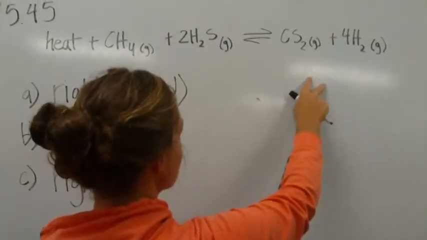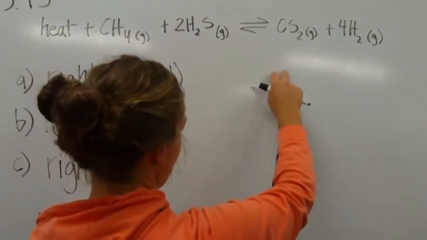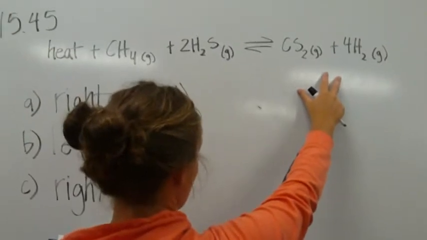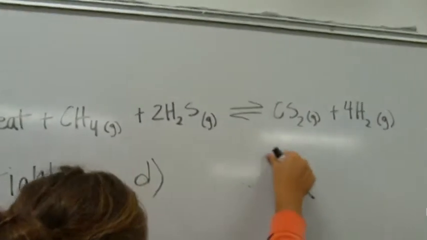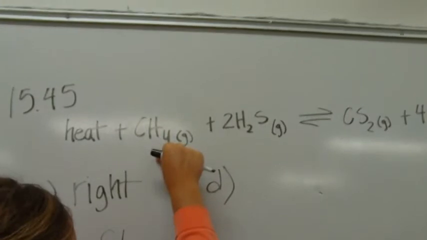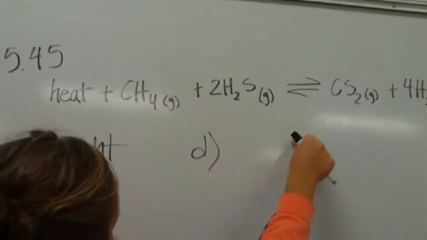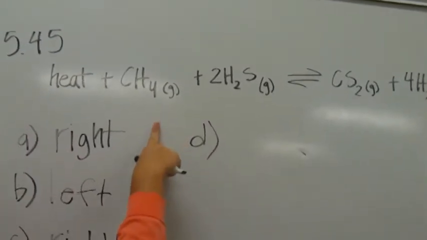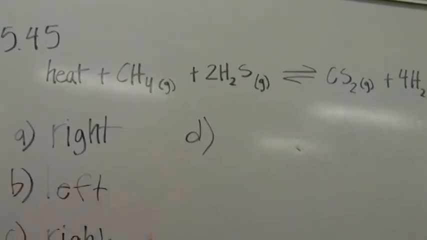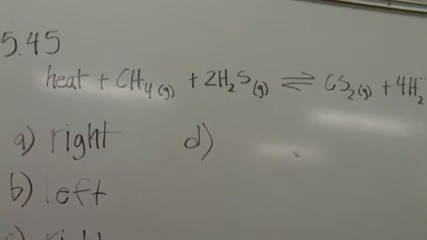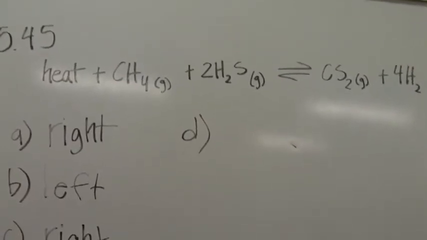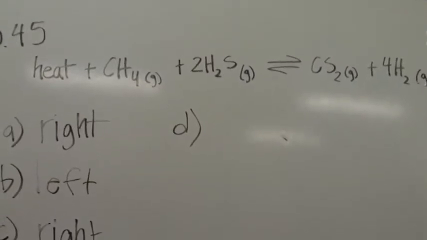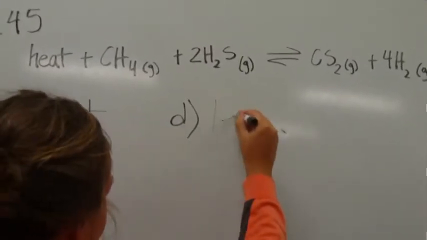So if we're decreasing the volume, and we have a lot of moles of gas on the product side, that's going to drive the reaction to the left in order to compensate and have less volume or less gas. So anyways, it drives it to the left.